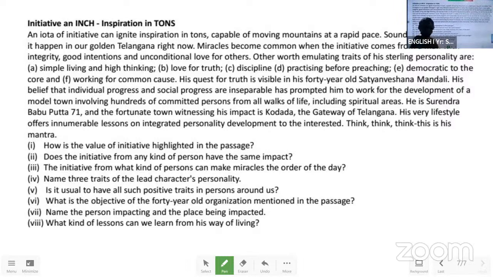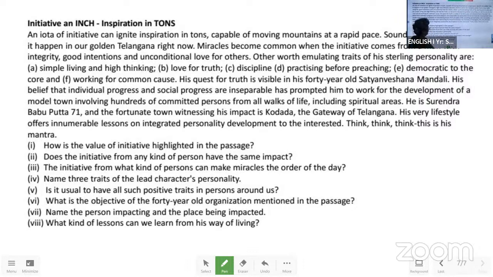He is Surender Babu Putta, 71 years, and the fortunate town witnessing his impact is Kodada, the gateway of Telangana. His very lifestyle offers innumerable lessons on integrated personality development to the interested.